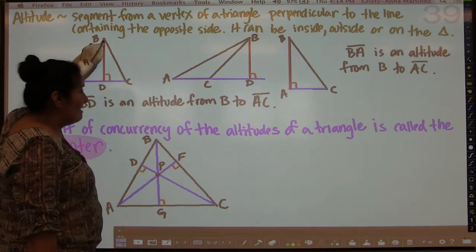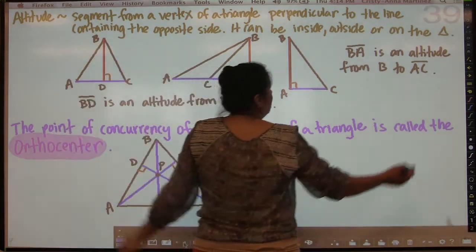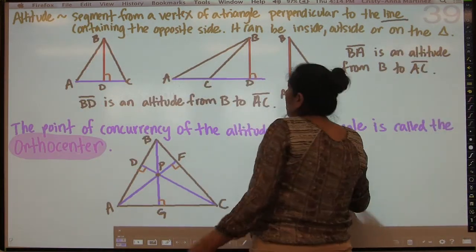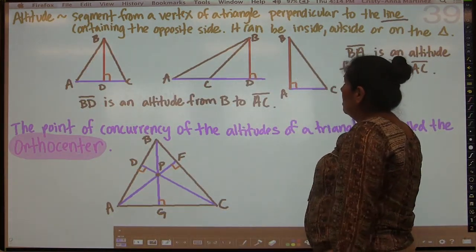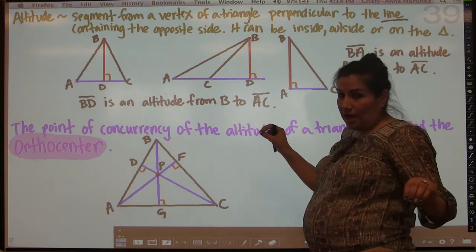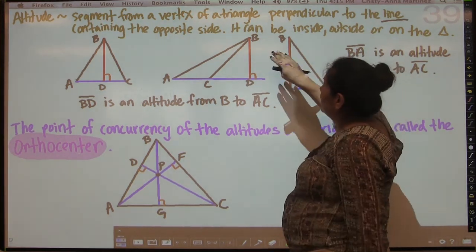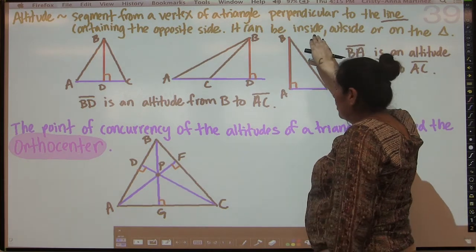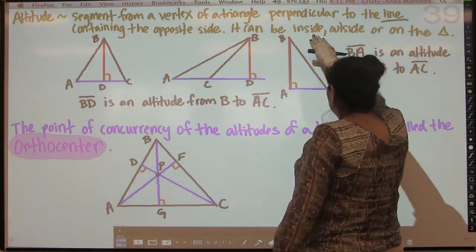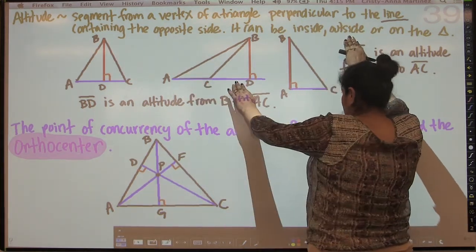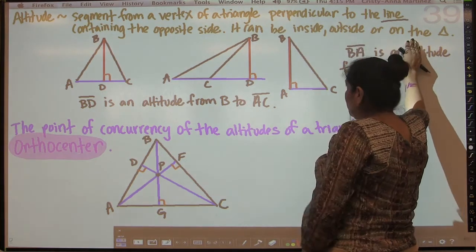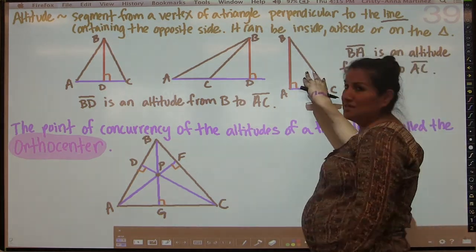And the reason why they say to the line and not just to the opposite side, is because sometimes you have to extend the line because this altitude can be inside the triangle like it is in the first diagram, it can be outside the triangle like it is in the second diagram, or it can be on the triangle as it is in the third diagram.